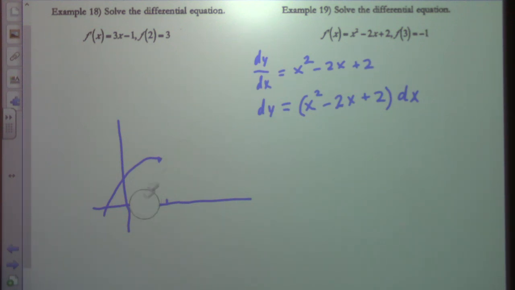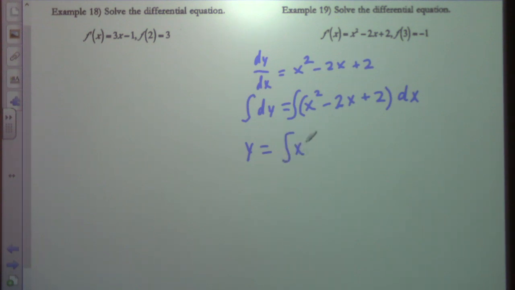Yeah, it should. If you think about it, it does. But that is really what integral calculus is. And so here, if we take the integral of both sides of this, we have y is equal to the integral of x squared dx minus 2 times the integral of x dx plus the integral of 2 dx.